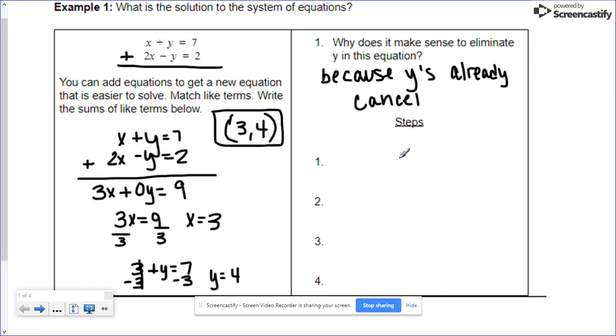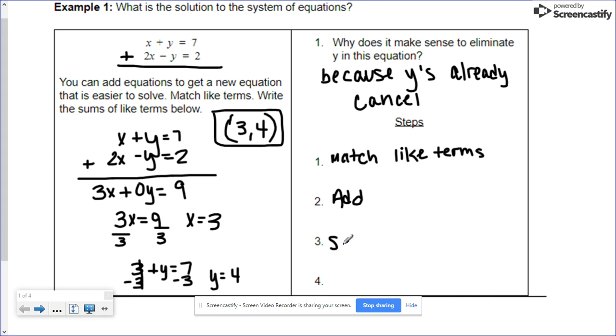So now we can talk about the steps that we took. The first thing you're going to do is match up like terms. That just means put your x's with your x's, your y's with your y's. You want it all to match up so that when you add them up, it's easier. And then you're going to add them all up, find the sum of all of it.